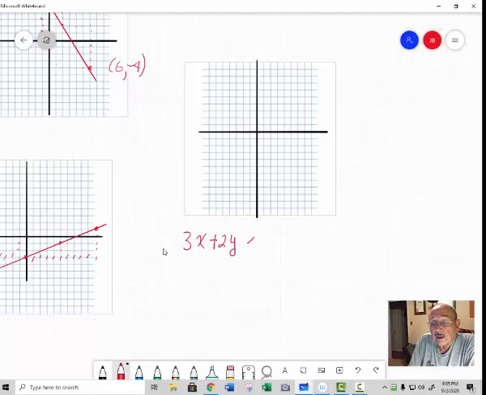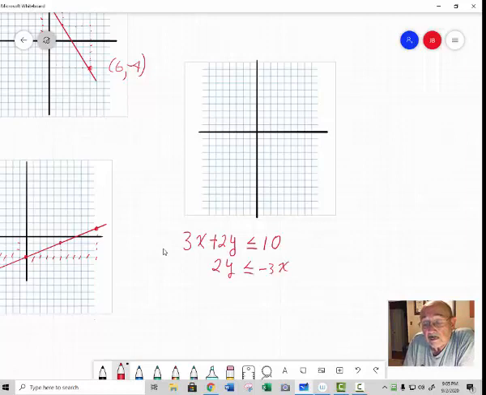Now we're going to do this exactly the same way. We're going to subtract 3x and then divide by 2. And I still get negative 3/2 as my slope, and I still get 5 as my y-intercept.